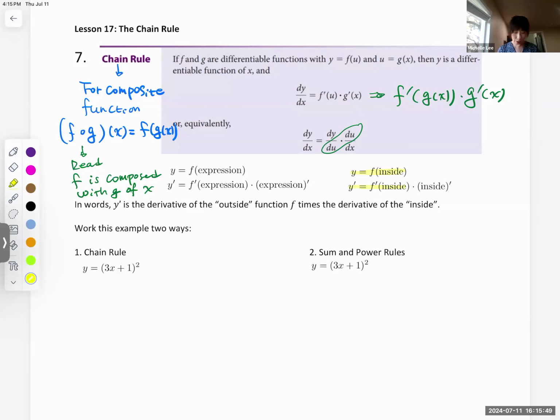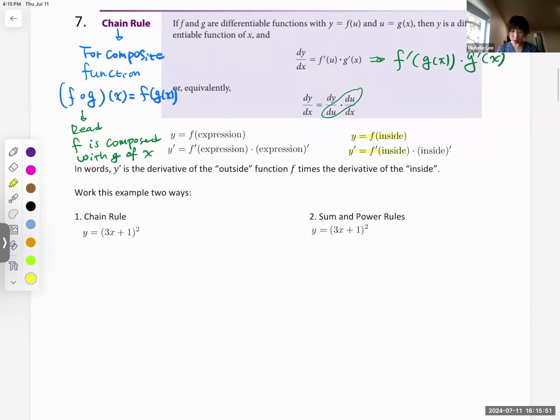Okay, so let's do this one, using the sum and power rules. What does this mean? We have 3x plus 1 times 3x plus 1.